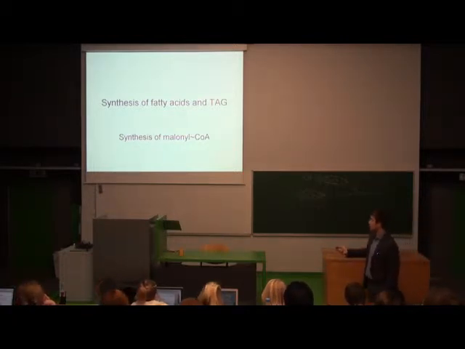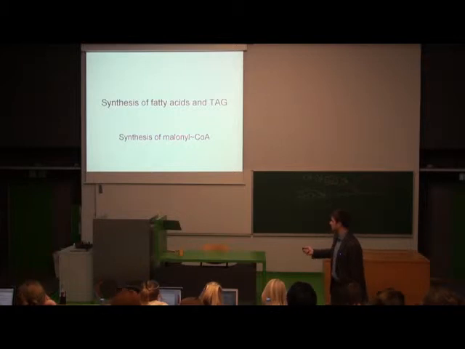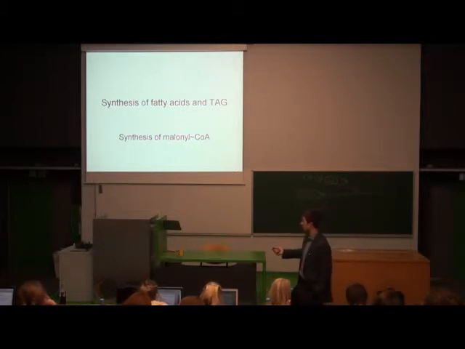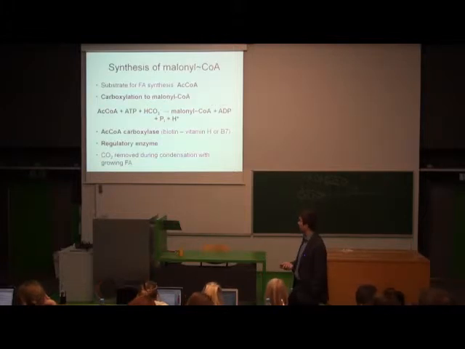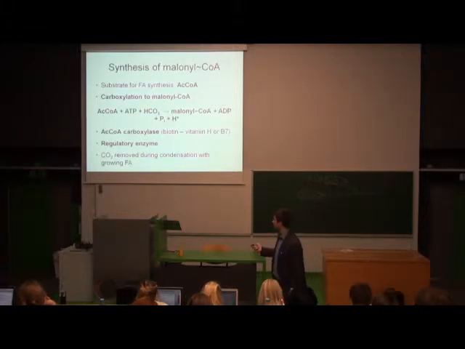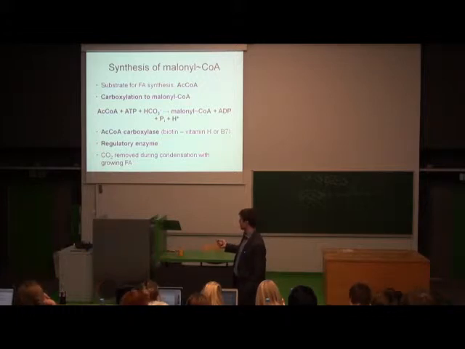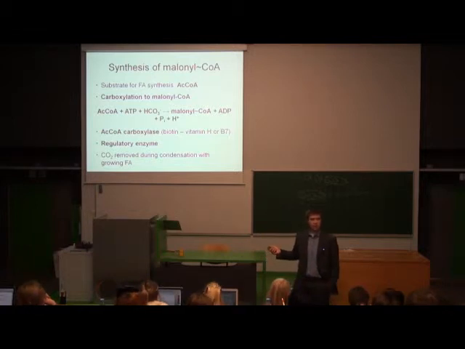The first step of fatty acid synthesis is the production of malonyl coenzyme A. It means of the activated substrate. How it works is that you take acetyl coenzyme A. Do you know how it looks like malonyl coenzyme A?